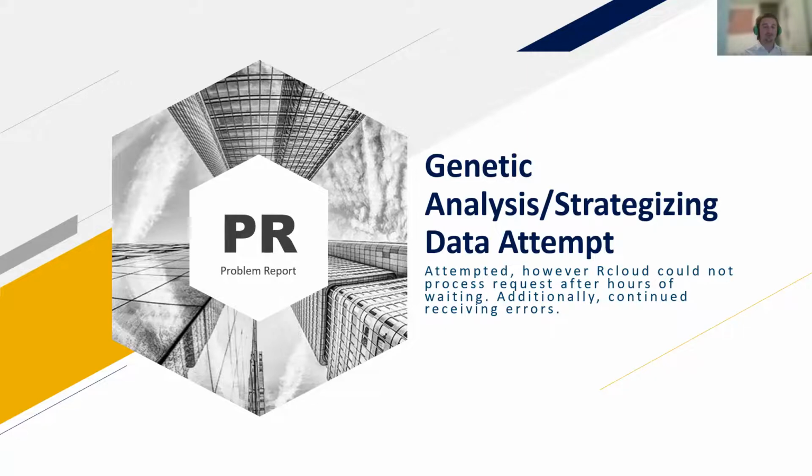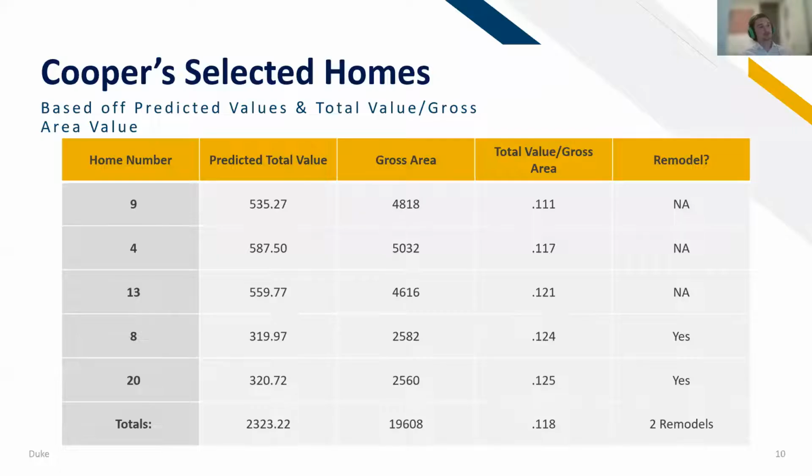I kept scrolling all the way back up, trying to figure out where the error started, but I could never figure it out. Therefore, I continued looking at the Excel and my other predictions and my other decision trees, and I came to a conclusion here about these being my selected homes.